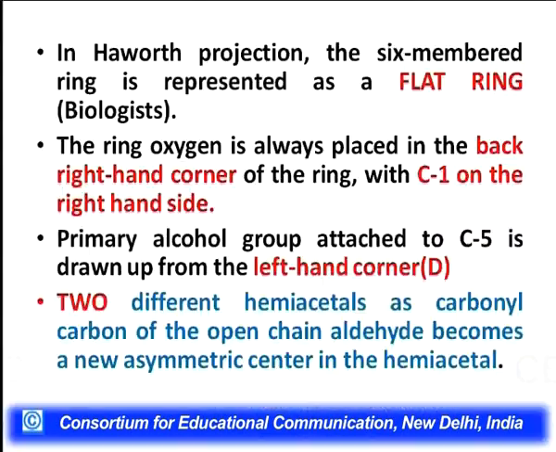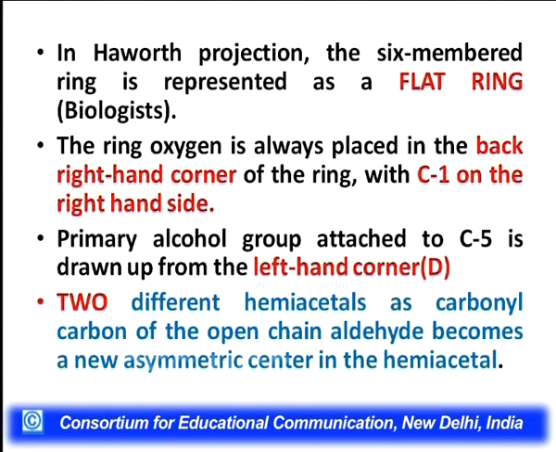Whereas a chemist would definitely prefer to represent this six-membered ring in the form of a chair, because the chair is the more realistic representation of a cyclic structure having six carbons, as we are able to show the puckered structure of the ring.